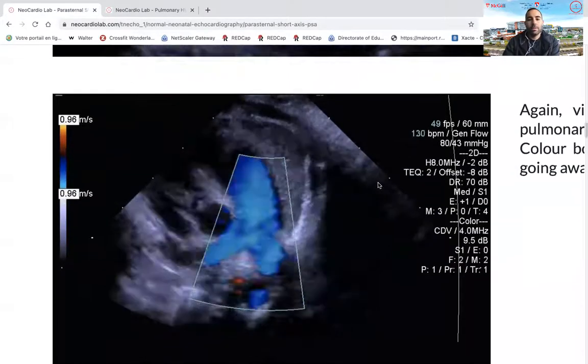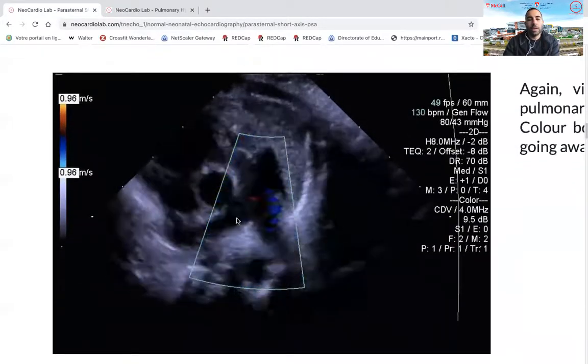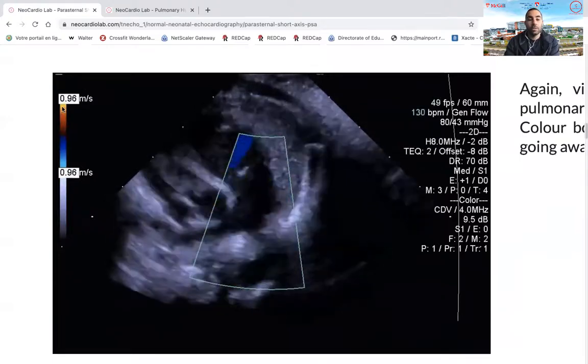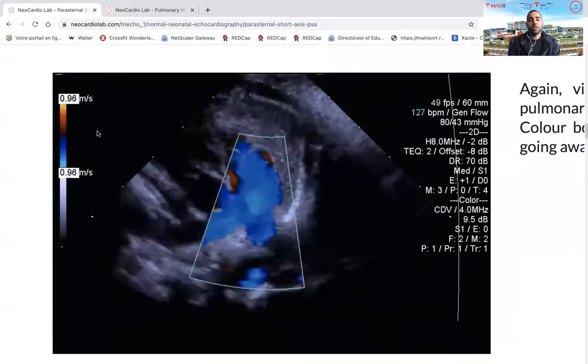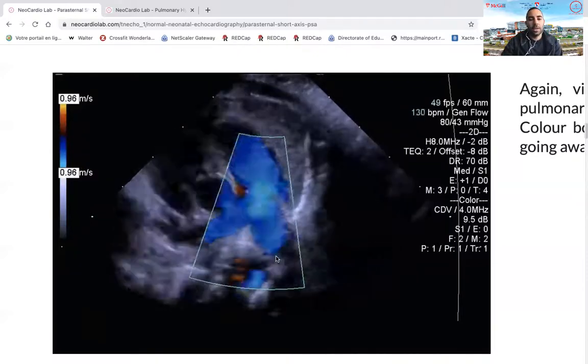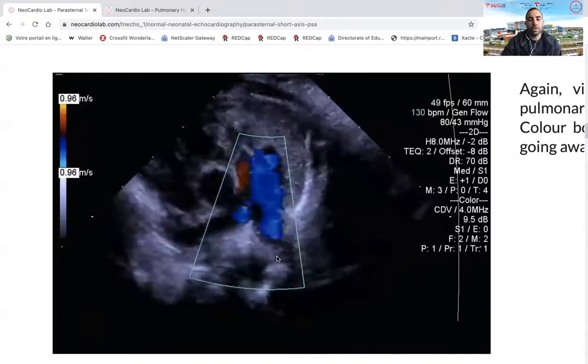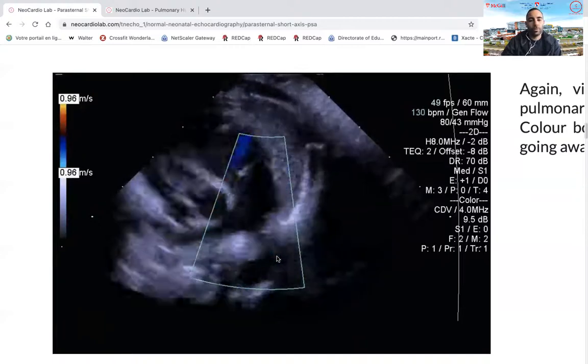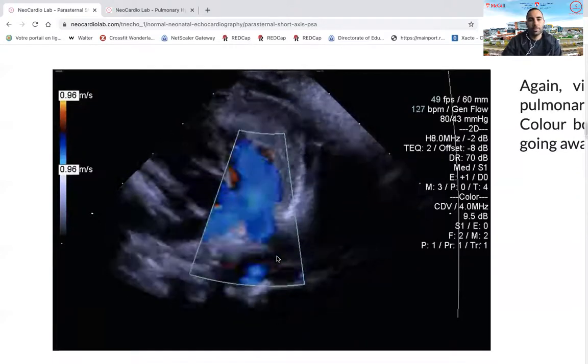And then here we've applied color to see the blood flow at a relatively high Nyquist, which is expected in the context of pulmonary blood flow, to see your RPA and LPA being filled with no acceleration or turbulence of flow within the caliber of these arteries.